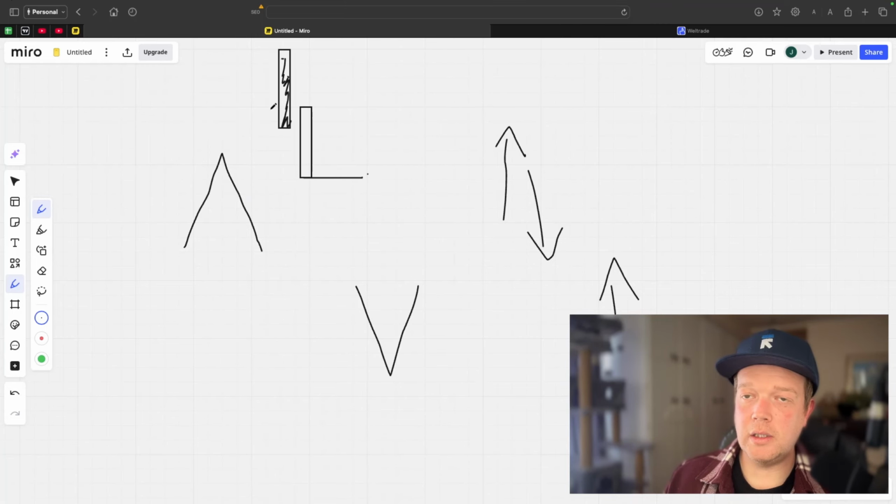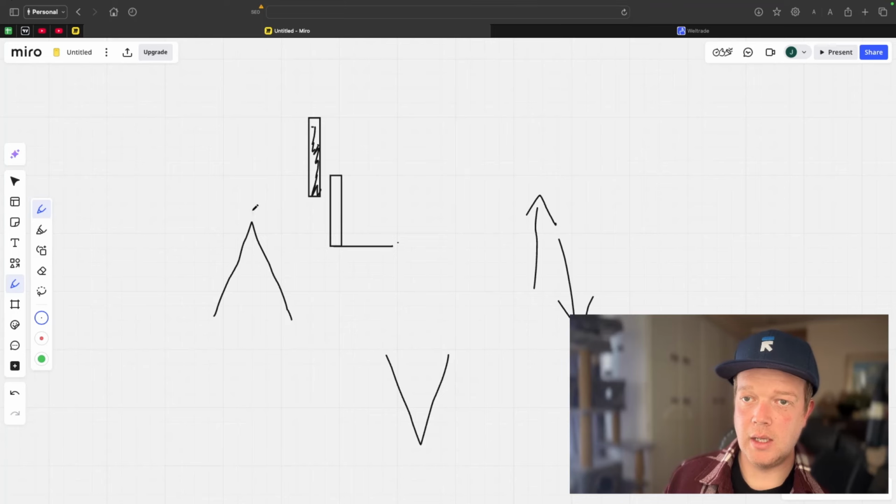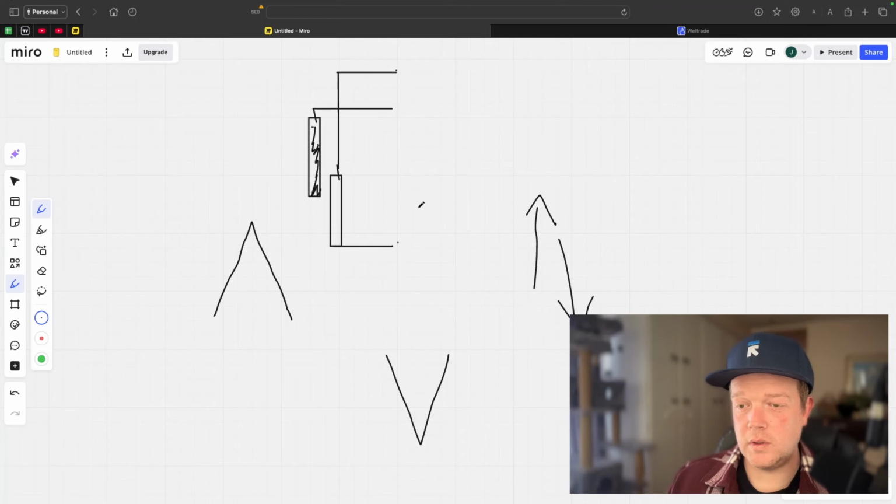So what we need to wait for when we have a candle up and a candle down, we're going to take the highest point of these two candles, and this is going to be your high. If this wick was still there, this would be your high, and vice versa for the down.